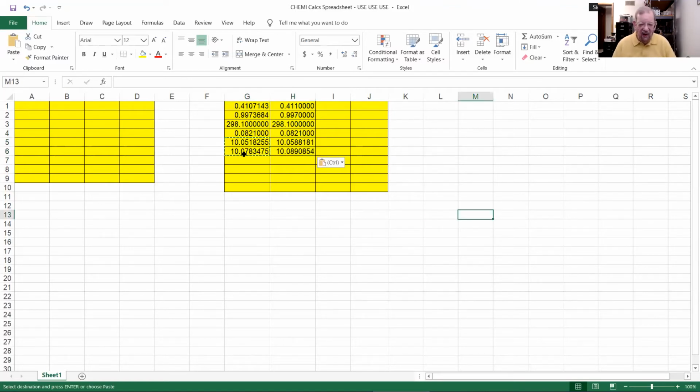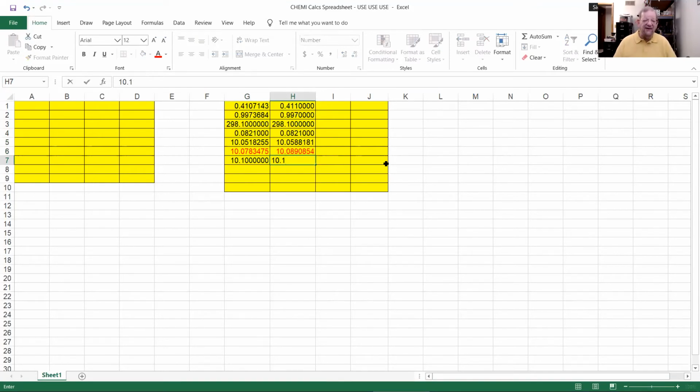Now, both of these should be 3 significant figures. And if I round off in column G, let me do this so you know red is our answer. I round that off to 10.1. And if I round this off to 3 significant figures, I get 10.1.